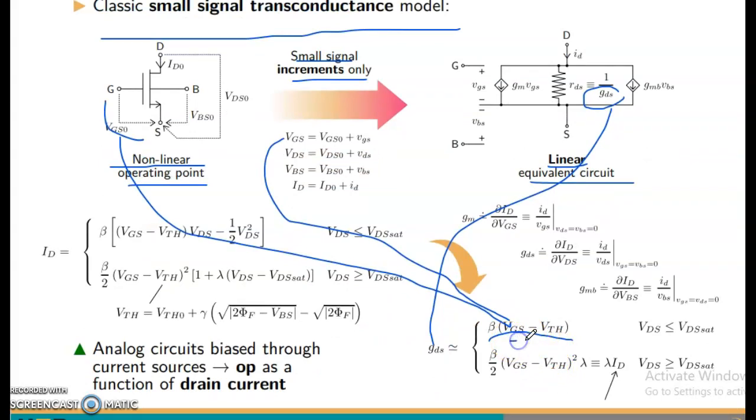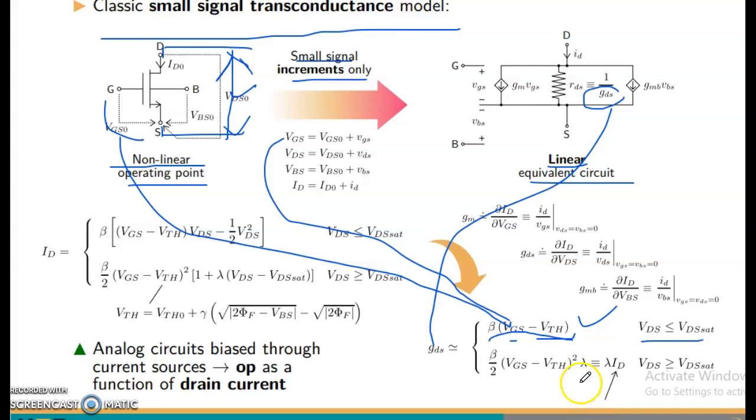Actually it is VGS only, but up to VTH there is no function. That's why we are reducing that VTH from VGS, that is subtracting. For what condition? VDS less than or equal to VD saturation.